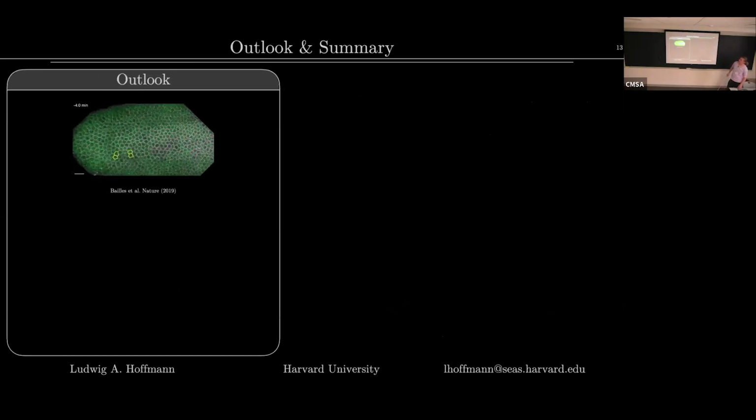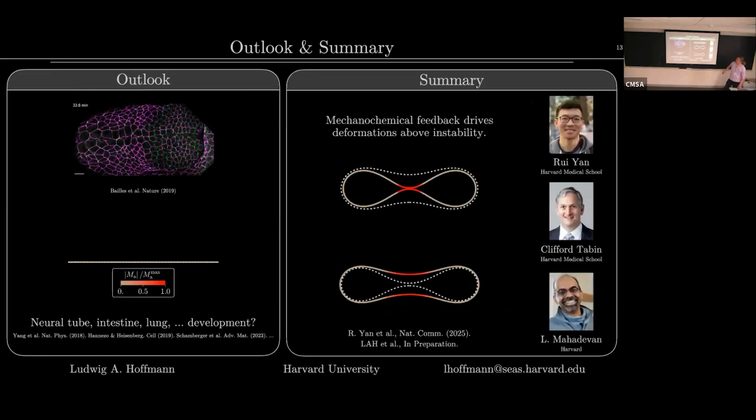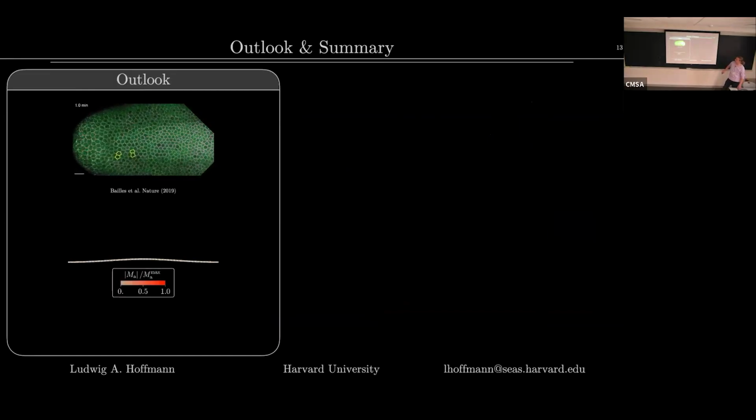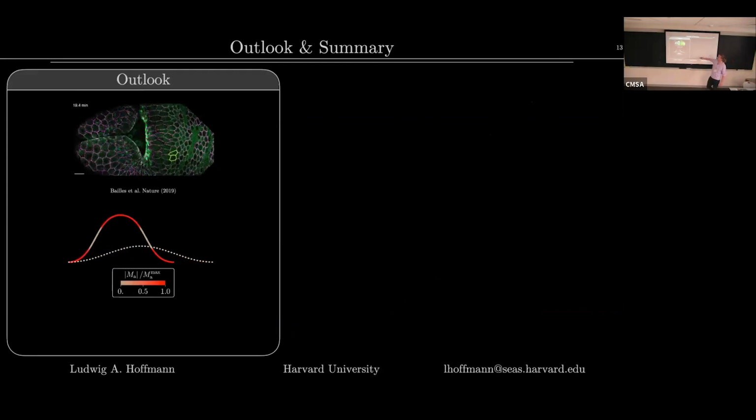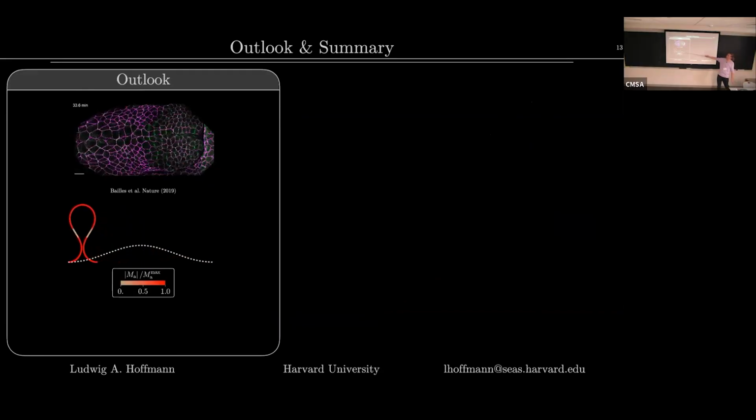So to come back to where I started from, this nice movie of the deforming wave, if we now take the simple model that I presented with initial zero curvature, but still periodic boundary conditions, and we apply initial deformation, as you maybe would expect at the beginning of the wave, you see this runaway process, and you see this deformation that looks somewhat similar to the movie of the Drosophila.